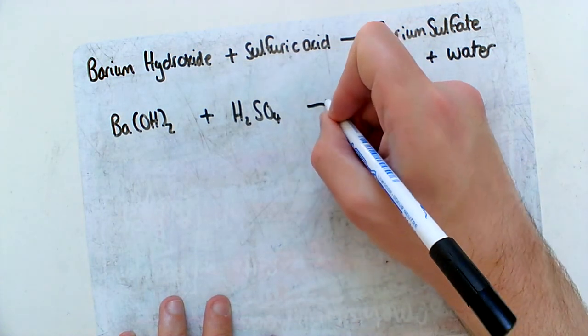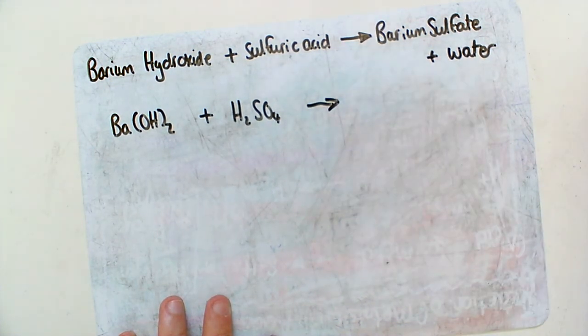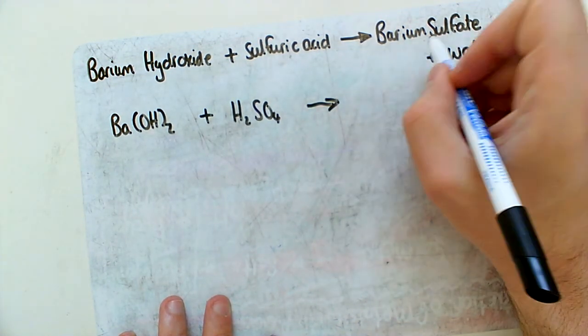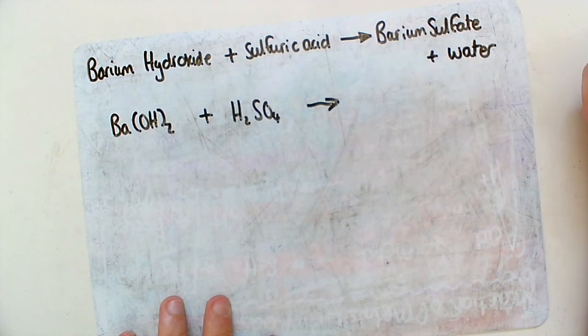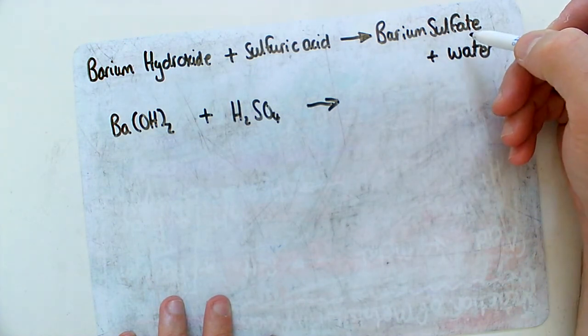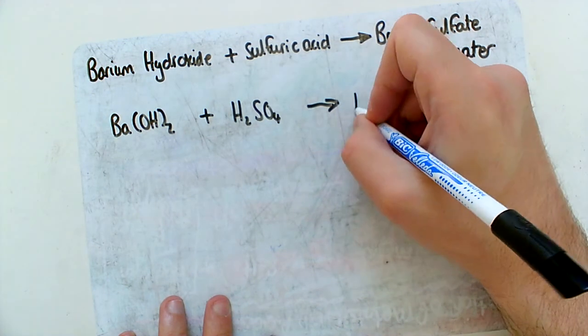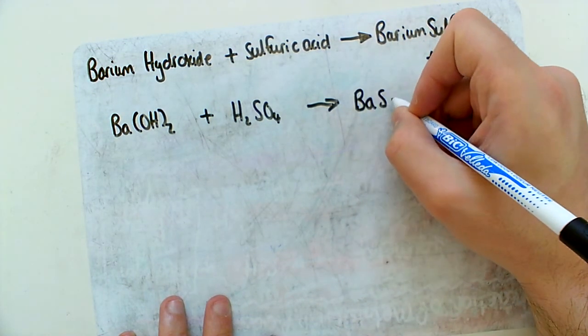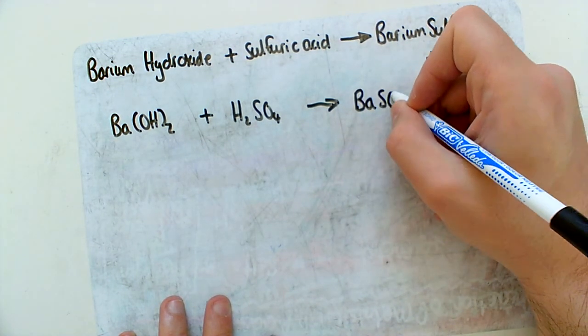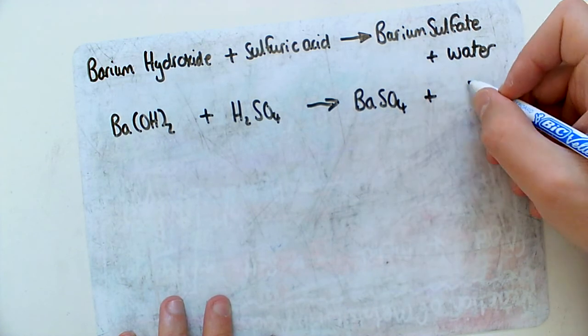And this is going to go to barium sulfate. Now barium has a valency of 2. Sulfate, if we look on page 8 of the data booklet, has a valency of 2, so we have BaSO4, and we produce water, H2O.